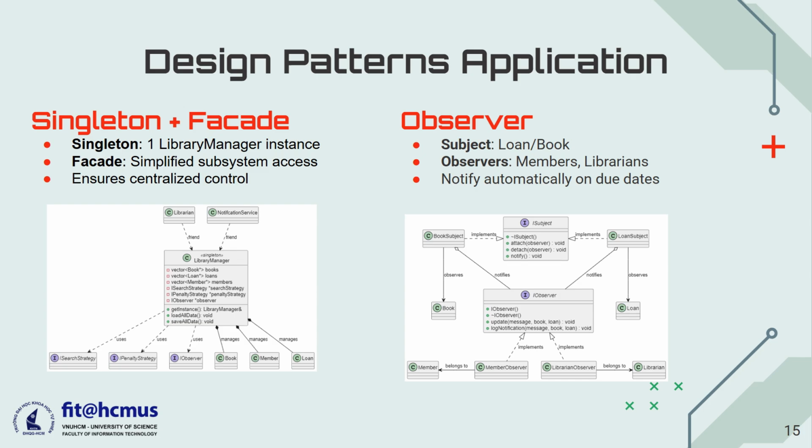The observer pattern is the backbone of the notification service. In our system, entities like loan act as subjects, and observers such as member observer or librarian observer can register themselves with a subject. When a loan status changes, the loan subject notifies all its registered observers.